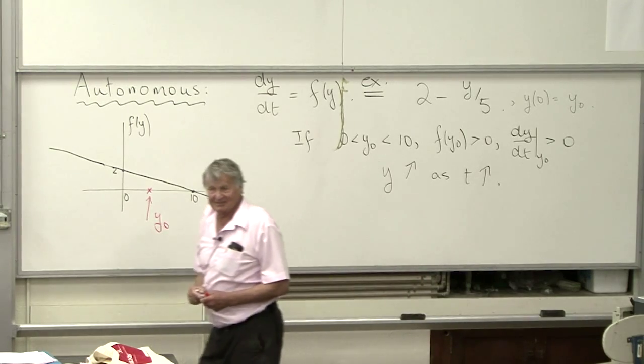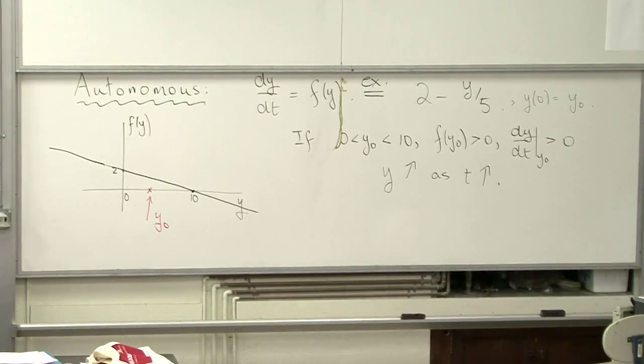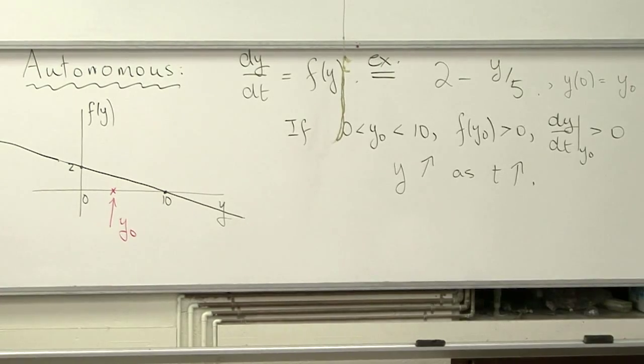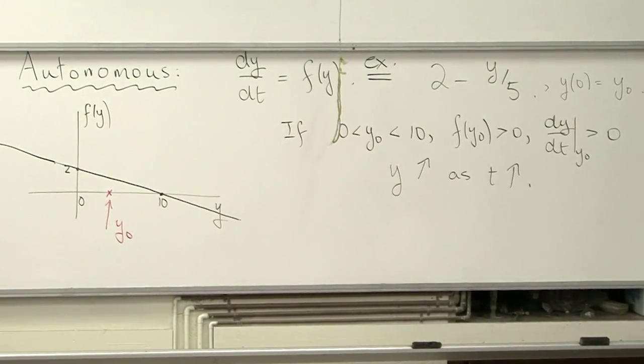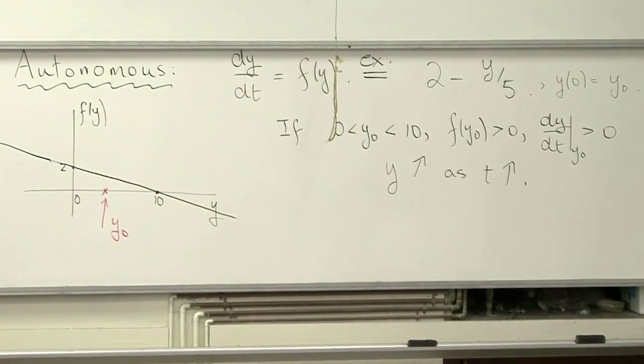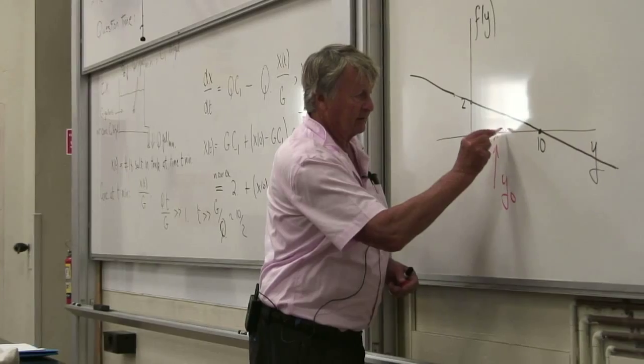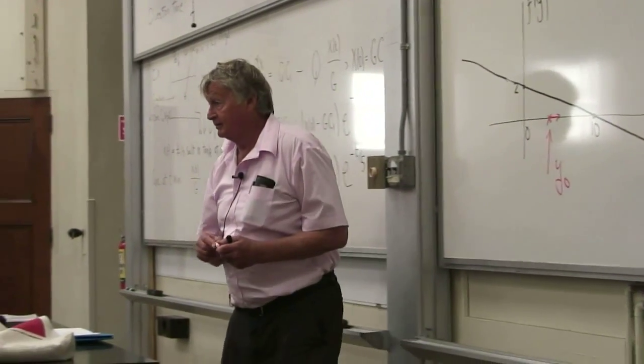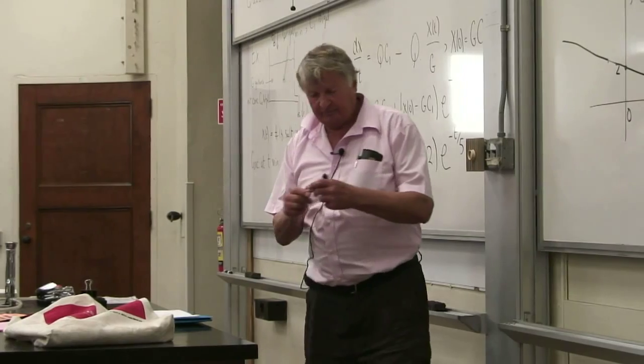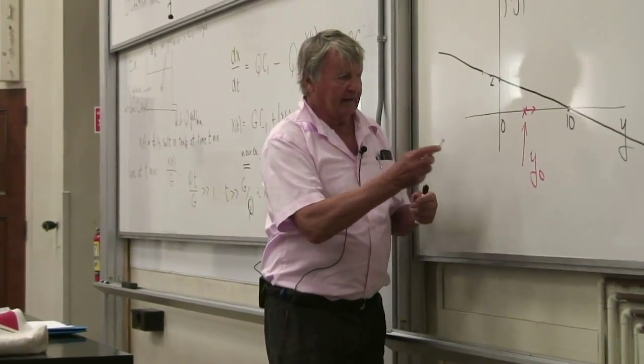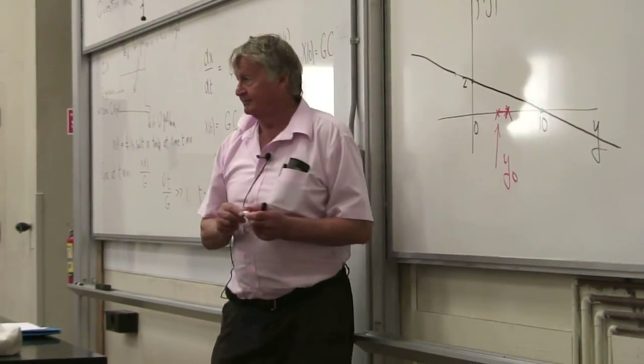That's what calculus is. Okay, so where is the y going to move to from y of 0? It's going to move this way, right? Half a minute later, it's here.